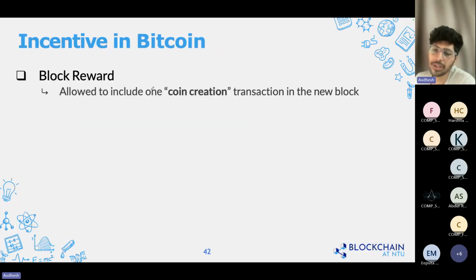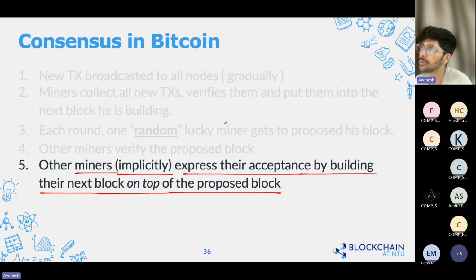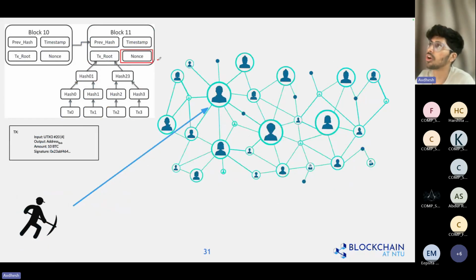So why do miners do this? Why do miners use their computational power and this computational work to get the nonce, which is very electricity intensive, at least in the proof of work case? If someone has a transaction, he needs to send it to other people, that person has to send it on to others, and they all need to verify the transaction.